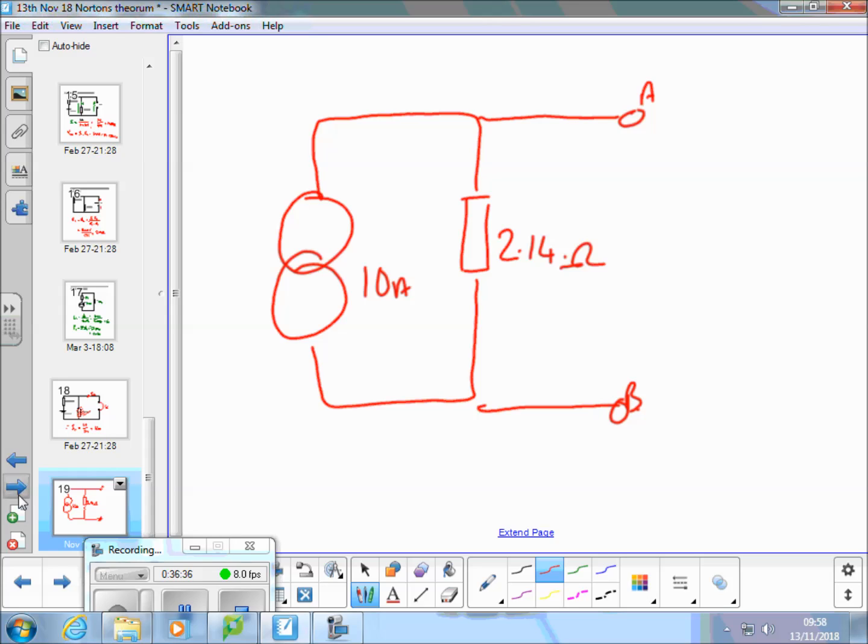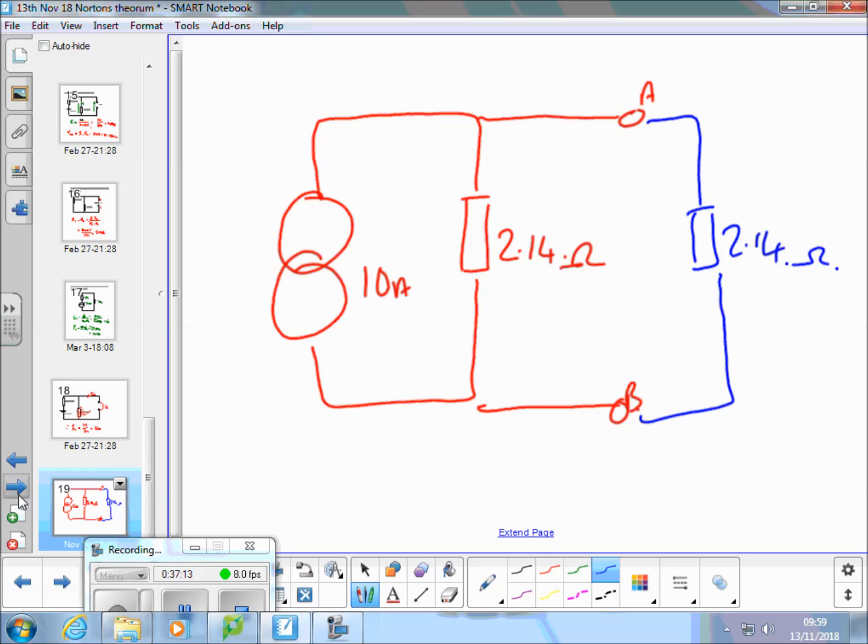Okay. And if you looked at doing Thevenin's on this circuit, what's the open circuit voltage? It's 10 amps times 2.14, which is the 21.4 volts I got using the Thevenin's method. Put our load resistor in, which for maximum power transfer we want to be 2.14 ohms. And just simply by the fact that they're both the same, they're going to get half the current each, 5 amps.